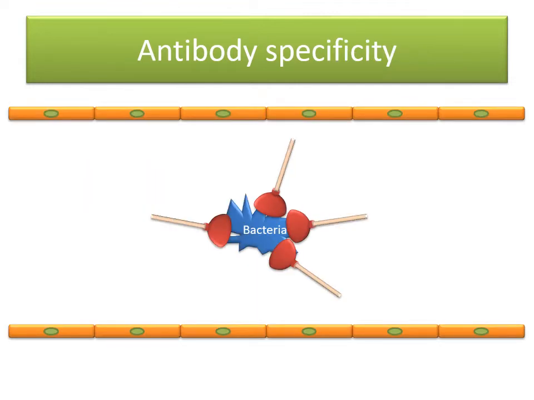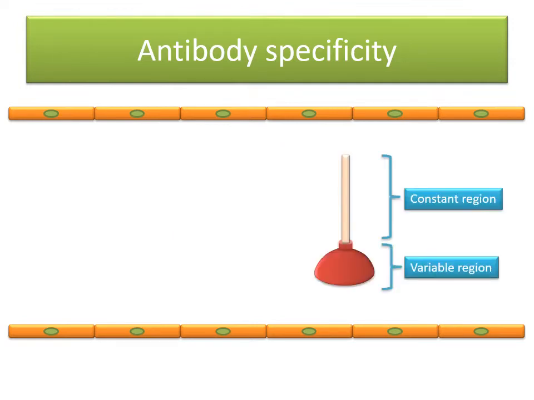So what happens when you get a bacterial infection? Are the antibodies all the same? How does it work from a specificity point of view? There are two major components to the antibody that we consider. First is the constant region. The constant region is basically the same for all antibodies of a given class and doesn't really change very much over the course of an immune response. There are a few sugars on the constant region that can change and affect some of the properties of an antibody, but for the most part we can consider it as being constant.